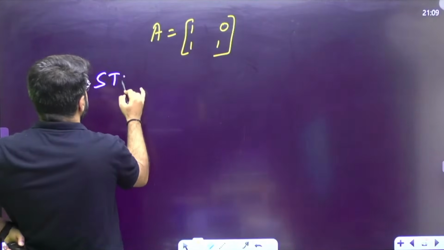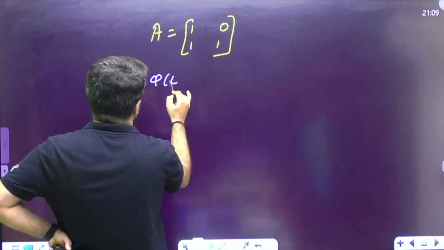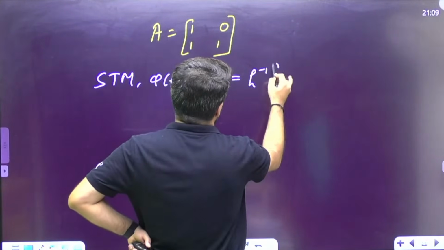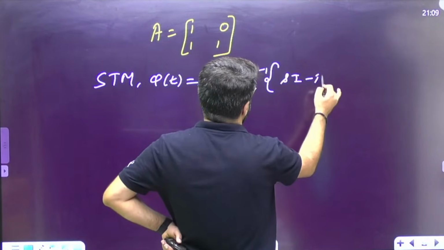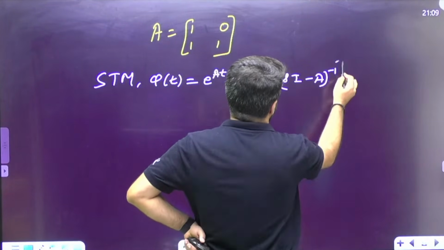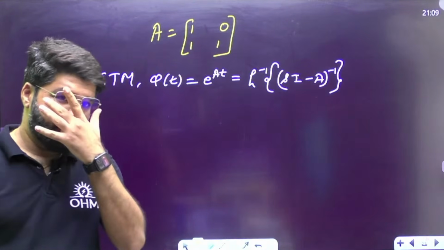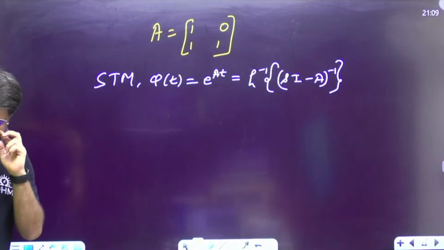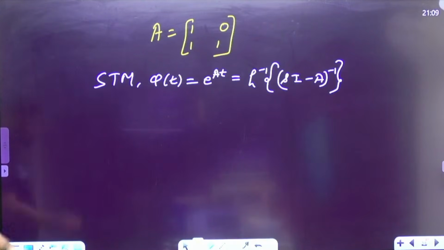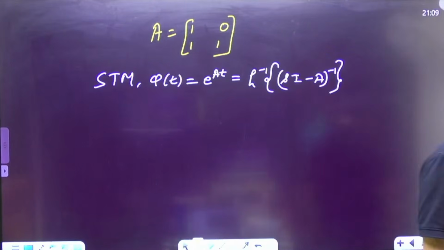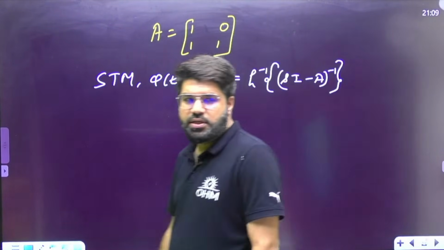The state transition matrix phi(t), which is e power At, is given by the formula inverse Laplace transform of (sI minus A) whole inverse. Done?